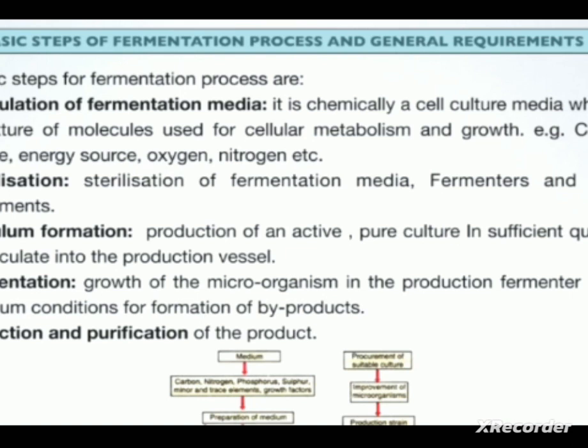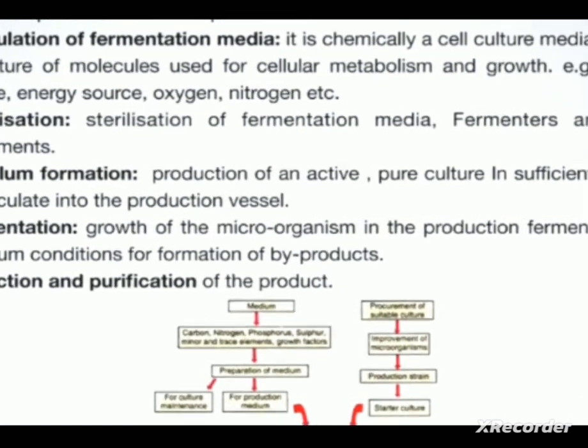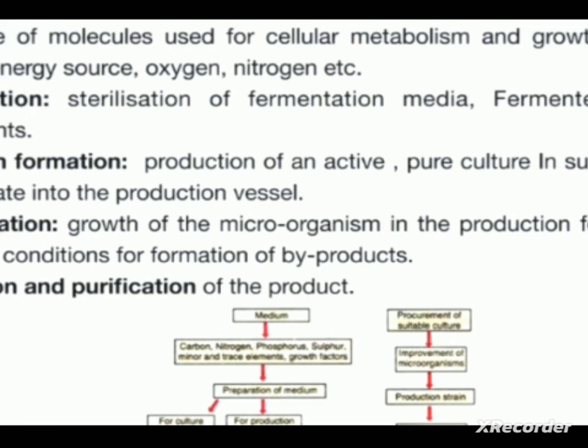Then fermentation: growth of the microorganism in the production fermentator under optimum conditions for formation of the byproduct. When the fermentation process is going on, a suitable media helps the microorganism to grow, and that microorganism carries on the process of fermentation. After completion of fermentation, the most important step is extraction and purification.